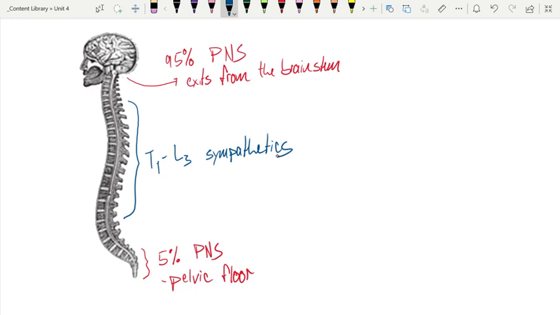Just a brief recap: in somatic, skeletal muscle, we have a lower motor neuron that originates from the ventral horn of the spine, and that single myelinated motor neuron goes to and innervates a muscle fiber. In contrast to that, both the parasympathetic and the sympathetic systems are two neuron systems. So let's take a look at that.